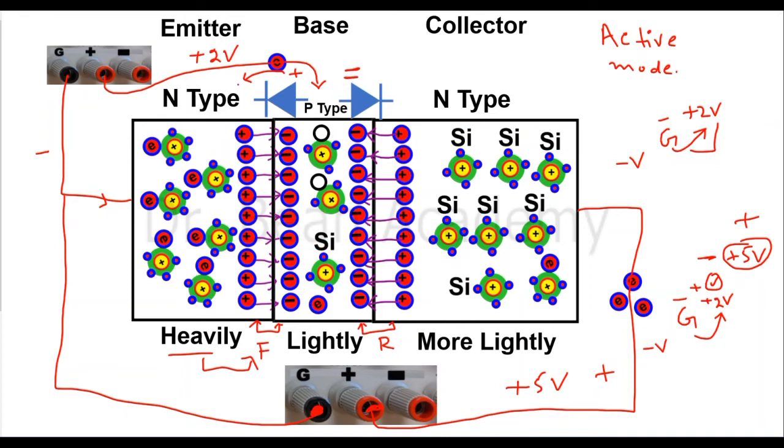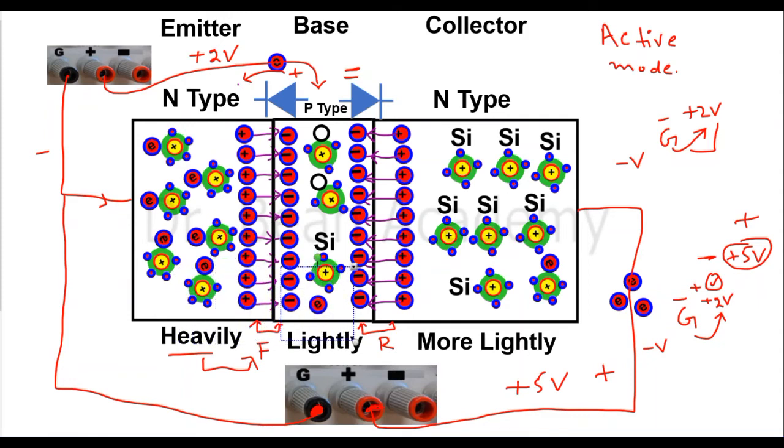Because they are oppositely charged. So this negative charge will push this electron towards the n-type. So this reverse bias mode is only effective if there is any electron in the n region. But now we are getting electrons from the emitter on the left side, and the emitter is injecting electrons into the base.